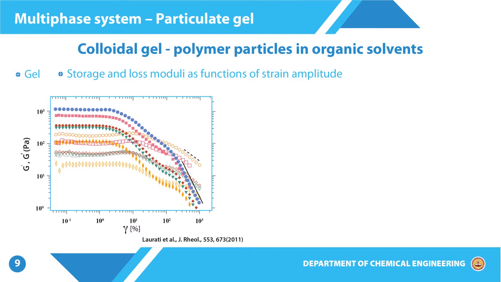However, we can see that when strain amplitudes are higher, which means we perturb the material with a significant deformation, we see that both G prime and G double prime are functions of strain amplitude itself. So, in defining material functions, we had also said that when G prime and G double prime are functions of frequency as well as strain amplitude, that is the nonlinear regime.